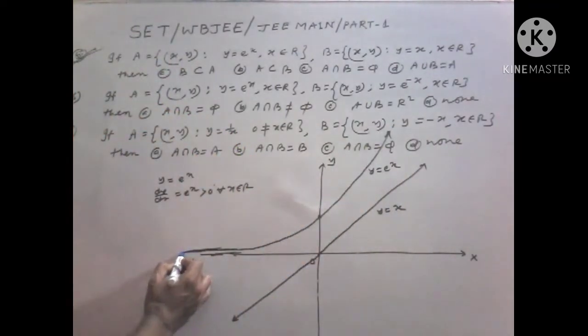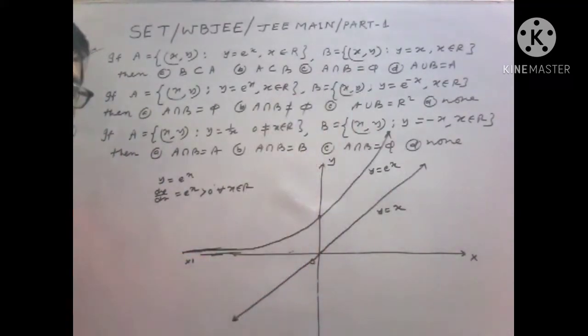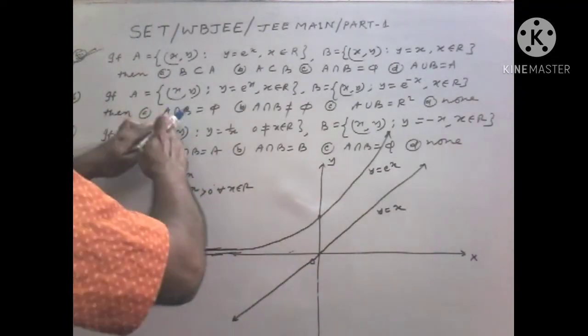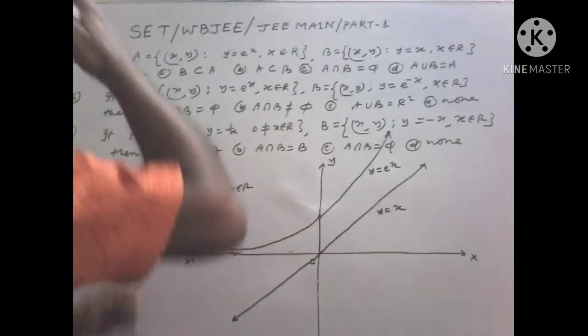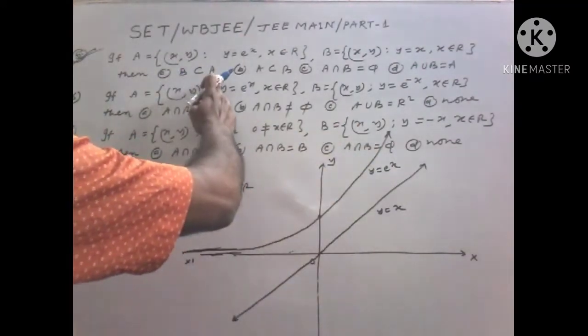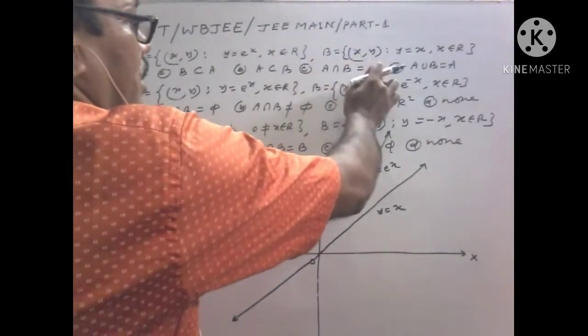So this is the graph of y equals e to the power x, and this is the graph of y equals x. We have to find which relation holds. Look, there is no common part. A is not a subset of B, B is not a subset of A, and they do not intersect.